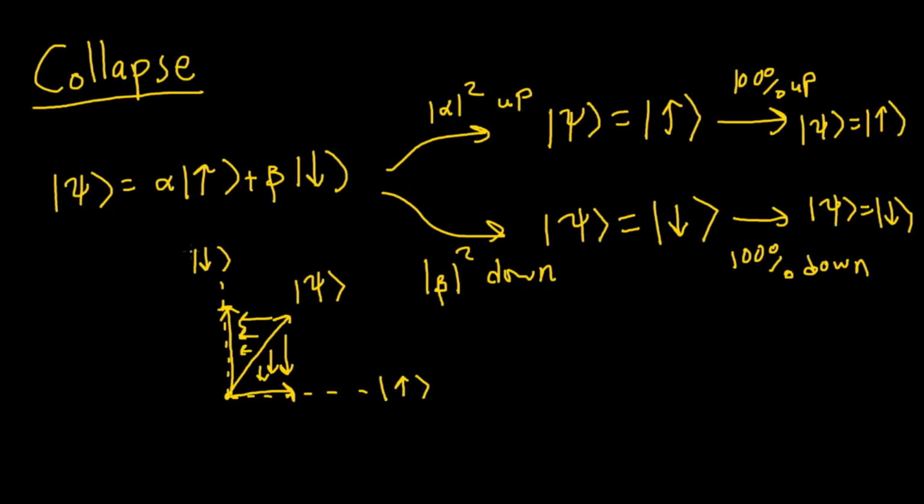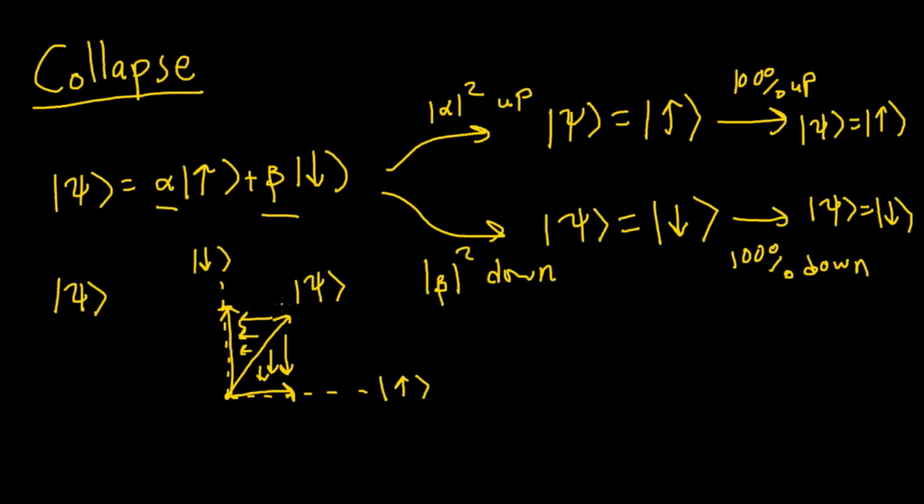The second really important thing I want to say is that collapse is what prevents an experimenter from figuring out the quantum state of a system to arbitrary precision. You might think that, even though I can only calculate the probability that the state psi is measured to be up or down, maybe if I measure it a bunch of times and in many different axes, I can calculate how many times I get spin up and spin down, find what those probabilities are, and then pin down what alpha and beta are by doing a bunch of measurements.